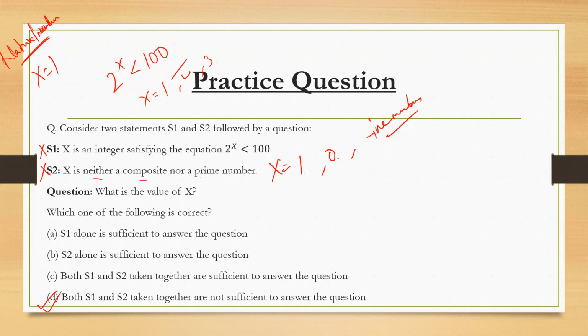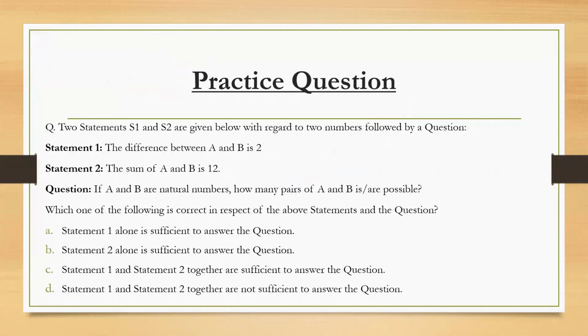Is this clear? What we have done? If this is clear to you, try this one out. Here it's clearly defined that a and b are natural numbers.